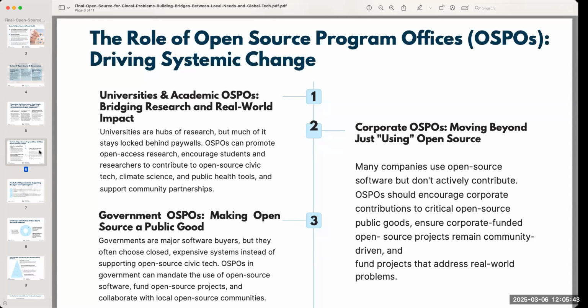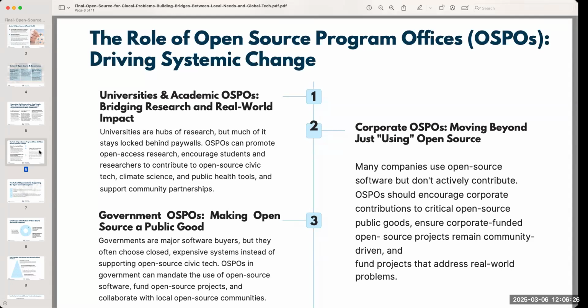We can move beyond just using open source, because most companies use open source software, but they don't actively contribute. So I would say that corporate OSPOs should encourage, yes, that's the way I would put it, corporate contributions to critical open source public goods, not just projects that benefit the companies.